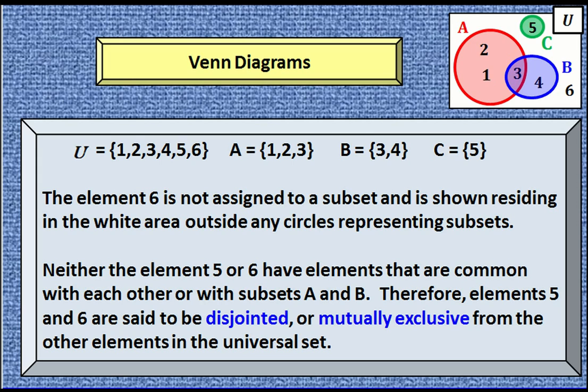representing subsets. Neither the element 5 nor 6 have elements that are common with each other or with subsets A and B. Therefore, elements 5 and 6 are said to be disjoint or mutually exclusive from the other elements in the universal set.